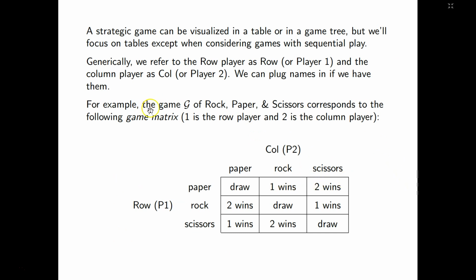For example, if we look at rock, paper, scissors, this corresponds to the following game matrix, where player 1 is row and player 2 is col, and player 1 can choose rock, paper, or scissors, and player 2 can choose paper, rock, or scissors, and we see the outcomes here. So very much like what we were doing with decision models.